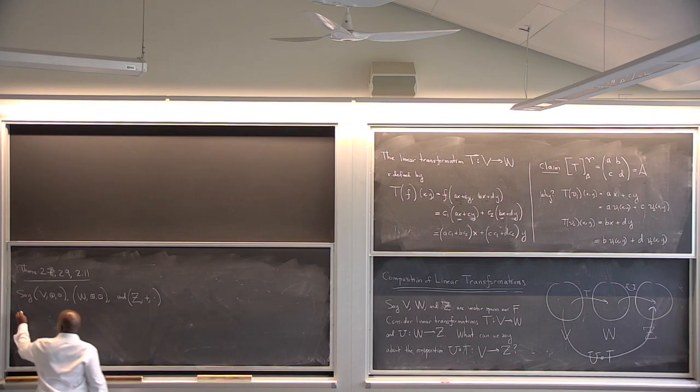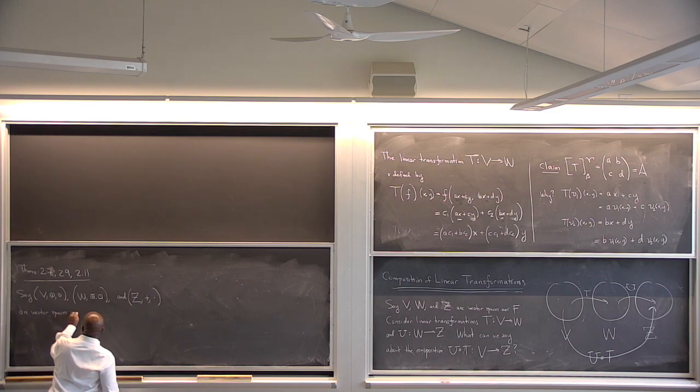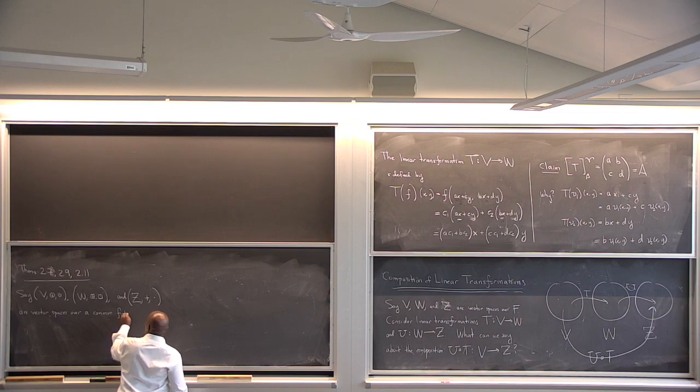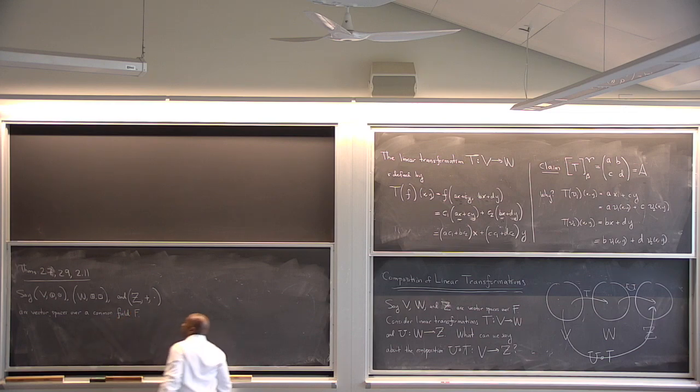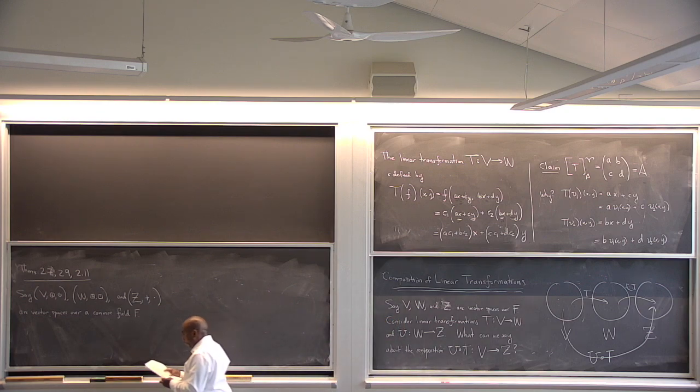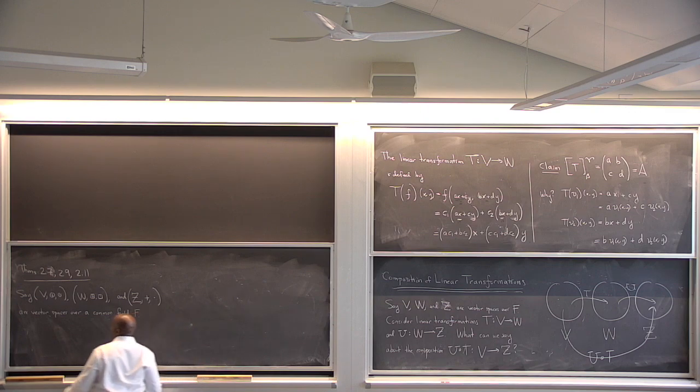Say that these are vector spaces defined over a common field F. And of course, for all practical purposes, F is just the real numbers, although it doesn't really matter. So my three statements are as follows.